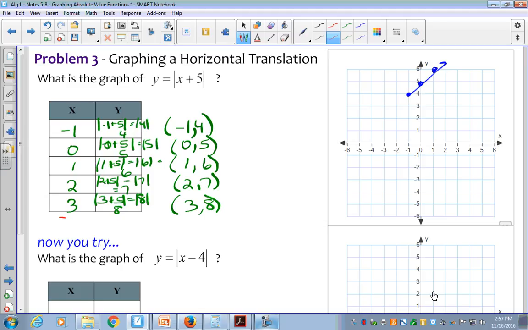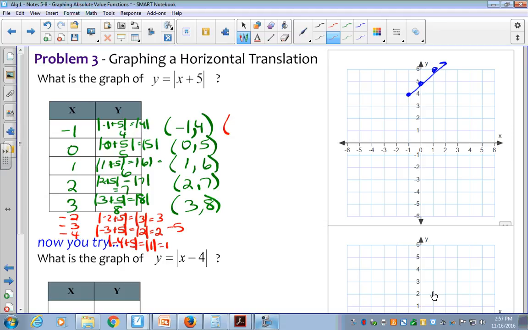So we're going to try -2, -3, -4, and -5. So the absolute value of -2 plus 5 is the absolute value of 3, which is 3. And then the absolute value of -3 plus 5 is the absolute value of 2, and that's 2. Absolute value of -4 plus 5 is the absolute value of 1, that's 1.